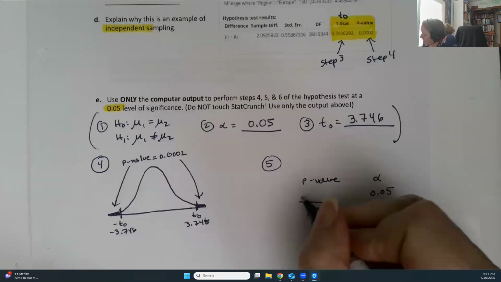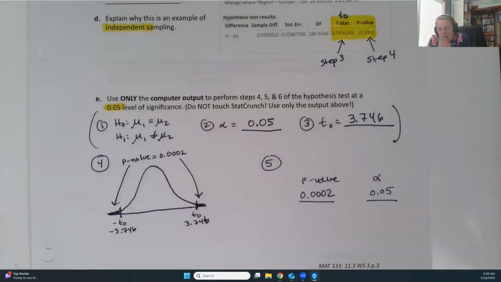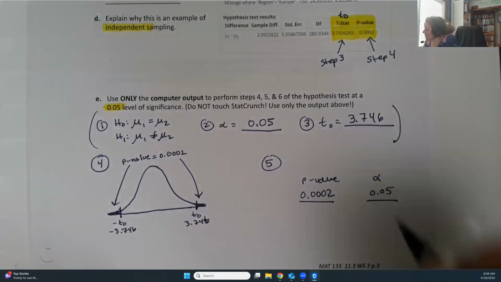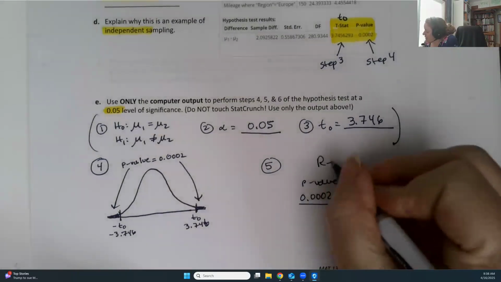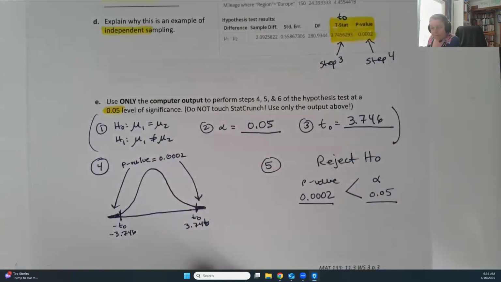Okay. So my p-value is 0.0002. So are we rejecting H0 or not rejecting H0? Reject the H0 because your p-value is low.